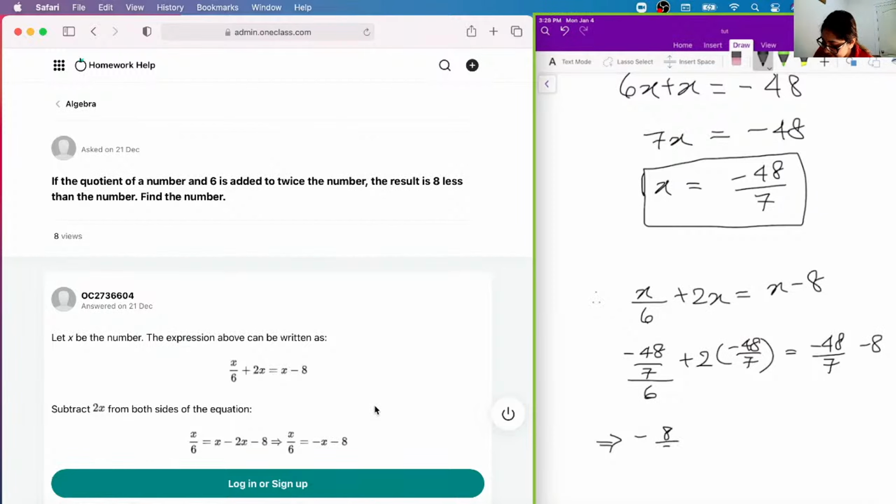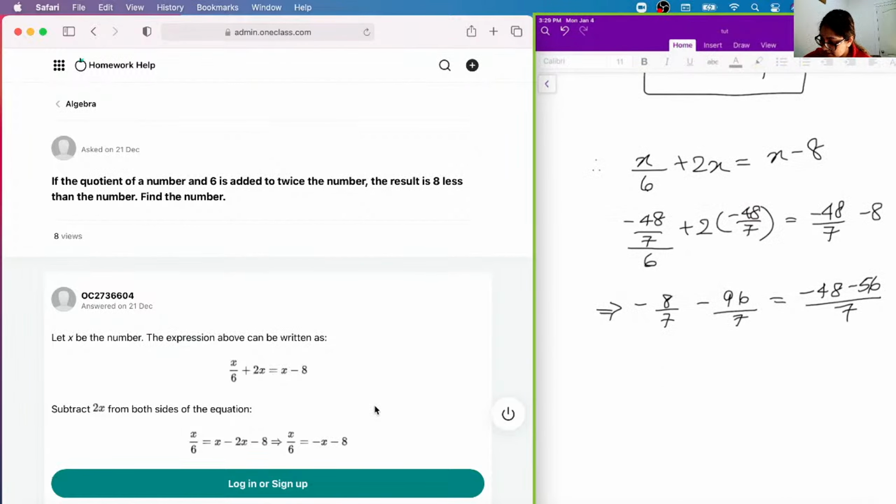And so if you further evaluate this, we get negative 8 over 7, and negative 96 over 7. I just multiplied this out. And this is basically equal to negative 48 minus 56, all over 7. As you can see, our common denominator is 7 in both cases, so we just further evaluate this.